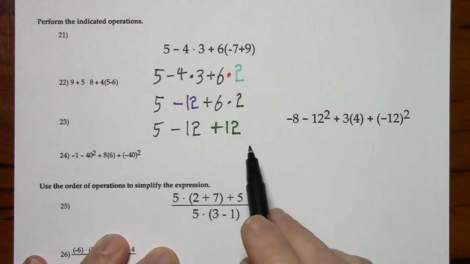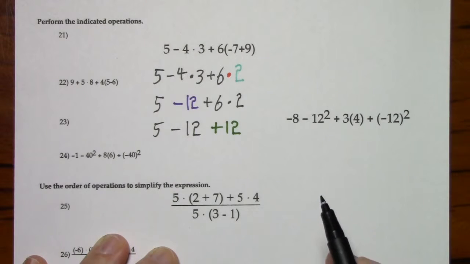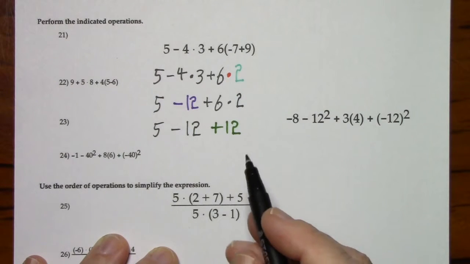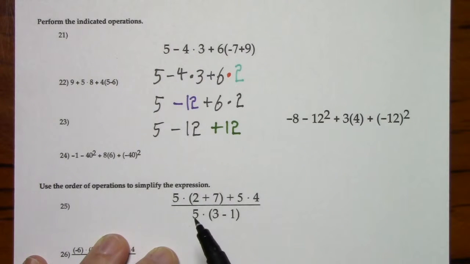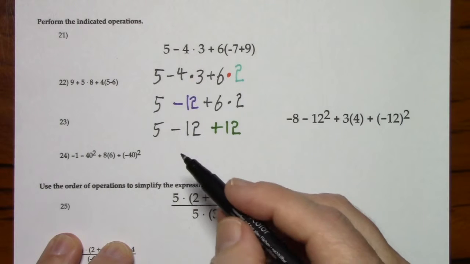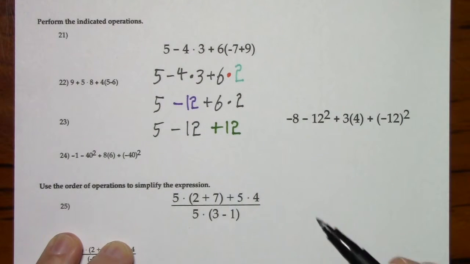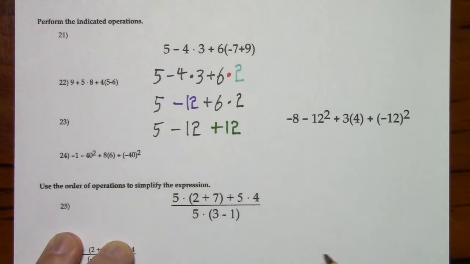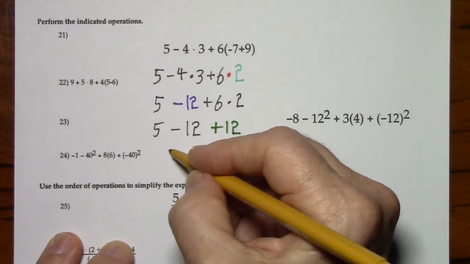It's now addition or subtraction. Technically, whichever you get to first going left to right, but as long as you have one sign in front of each number, you really can do this in any order as long as you keep up with the signs. You could say -12 and +12 gives you a 0, but again, to be super safe, I'll just proceed left to right here. +5, -12 leaves us with a -7.